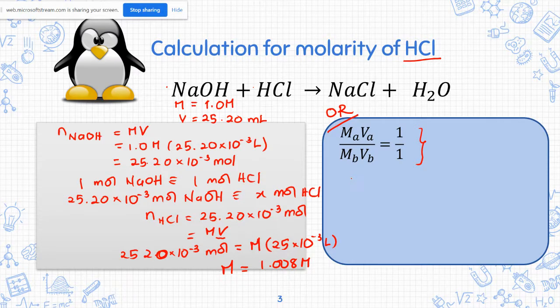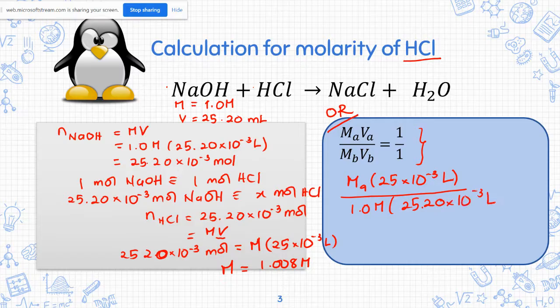So in this case, we don't know the molarity of acid, but we know the volume, 25 times 10 to the power of negative 3 liters, over molarity of base 1.0 molar times 25.2 times 10 to the power of negative 3 liters, and the ratio is 1 over 1. And you can solve for molarity of acid. You should get the same value, 1.008 molar.